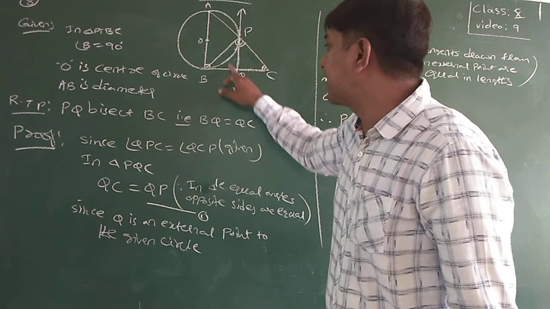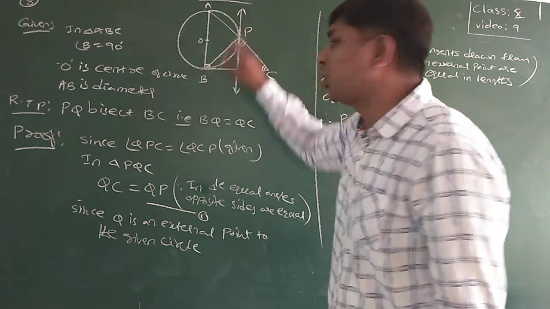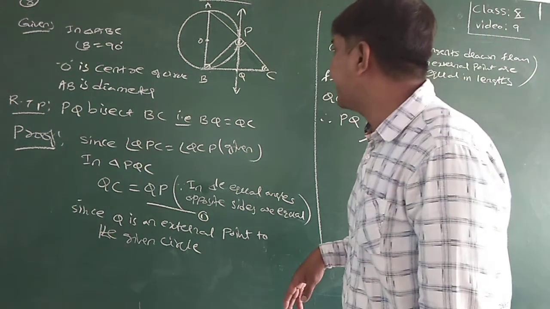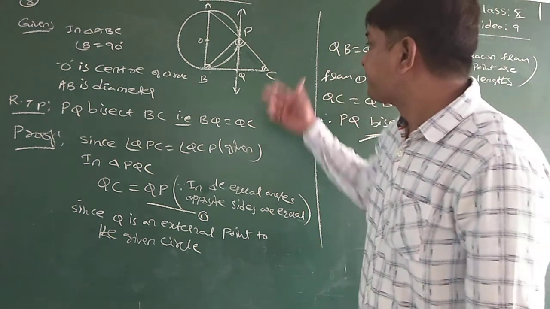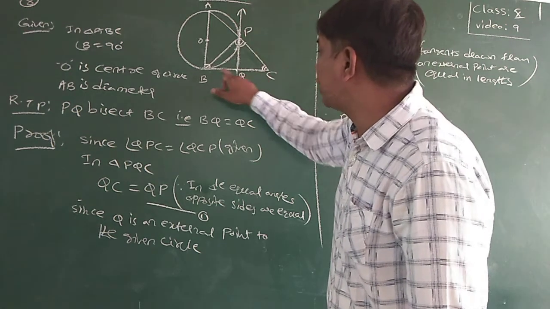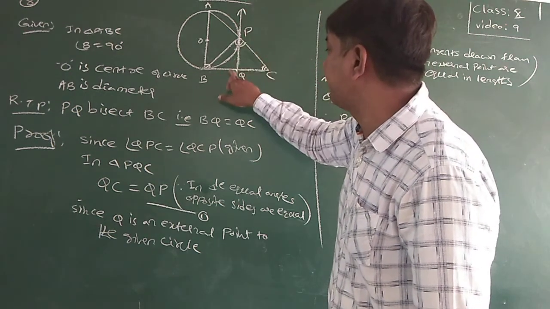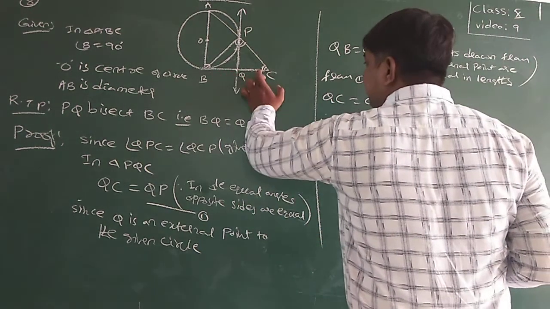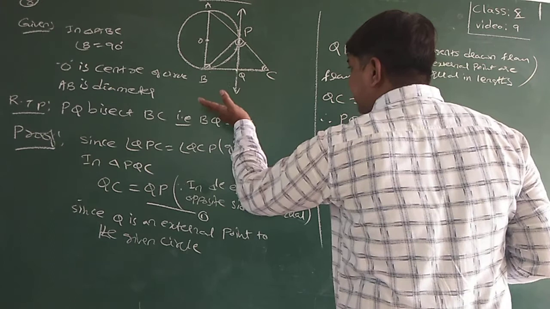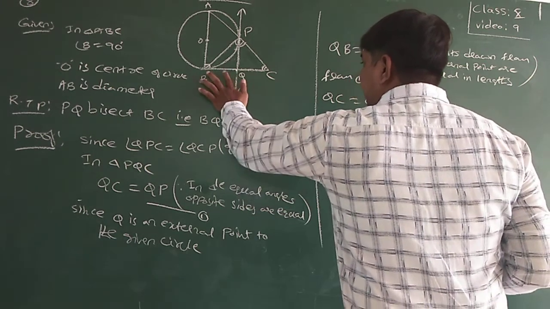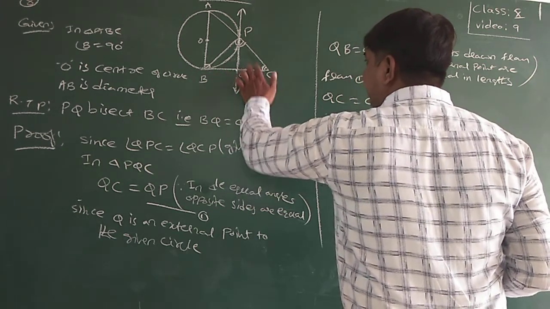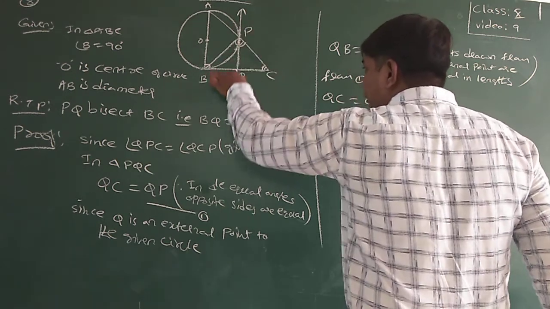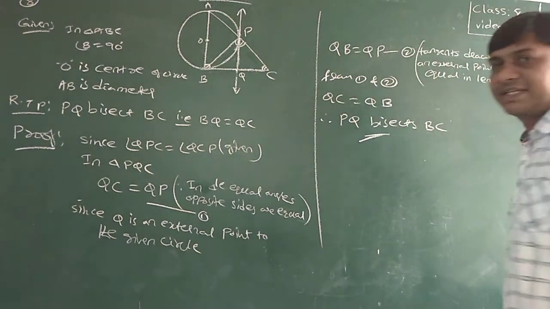And Q is an external point to the circle, so QB and QP are equal in length, as tangents drawn from an external point are equal in length. So QP is equal to QB, and QC is equal to QP. Therefore QB is equal to QC, which means BC is divided into two equal parts. So PQ bisects BC.